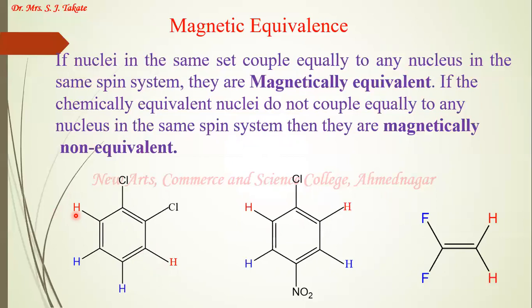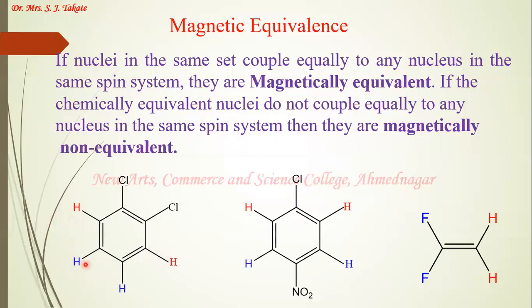For this, what do we have to do? We have to consider a proton within the same spin system. Let us consider this proton now. I will check this and this. These two protons are ortho to each other. So the red proton will couple with this blue proton with an ortho coupling. But what about this red proton?